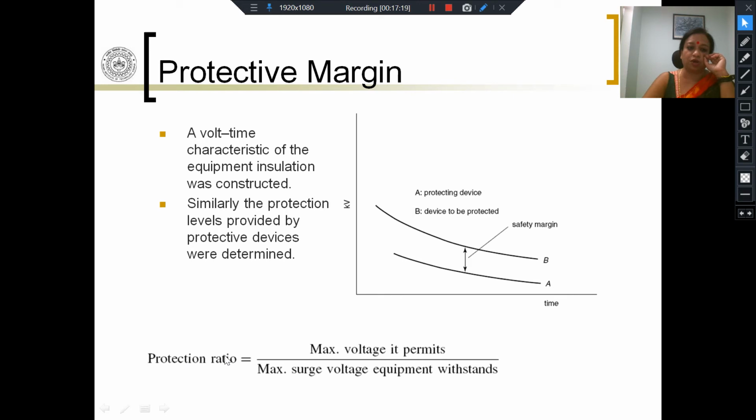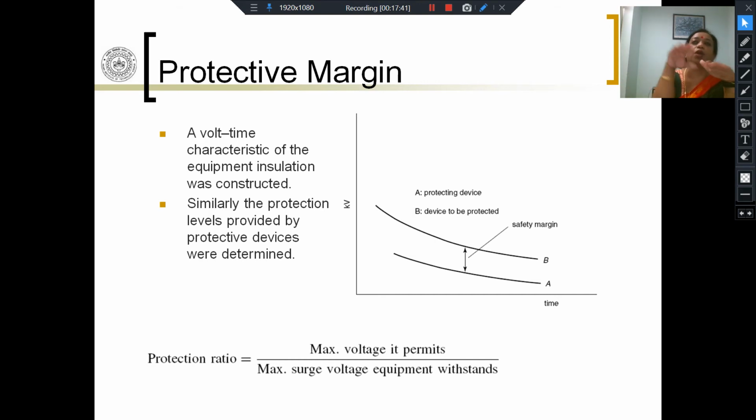We can also talk of something called the protecting ratio. The protecting ratio is the ratio of the maximum voltage that is permitted and the maximum surge voltage the equipment can withstand. So it is not necessary that if you design the protecting device to break down at VA, you will provide insulation level only up to VA or lower.